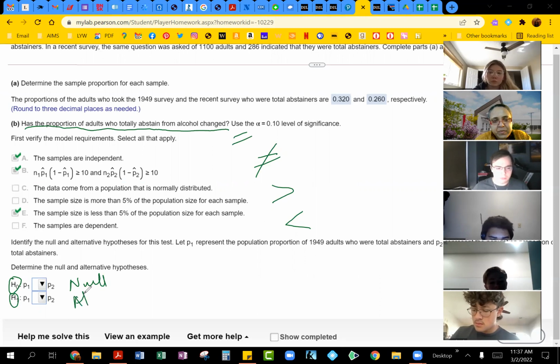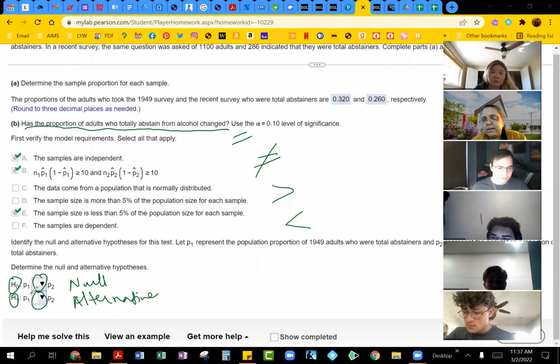H1 is the alternative. So what symbol do we put here and what symbol do we put here? Because we talked about this last week on whether you use the equal to, not equal to symbol, greater than, less than. Is it just equal and then does not equal?